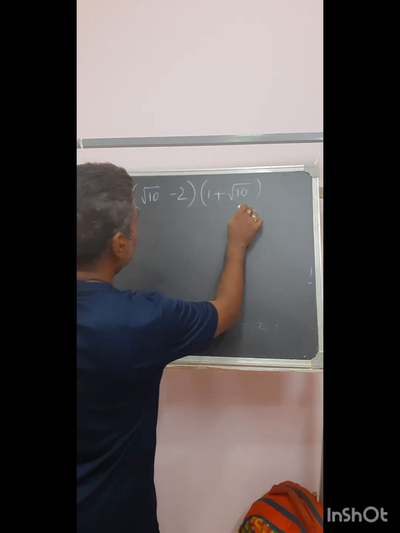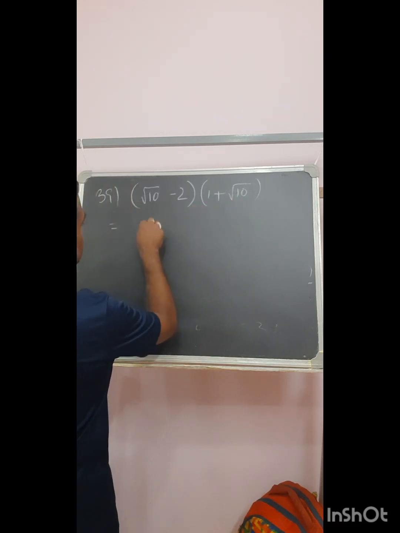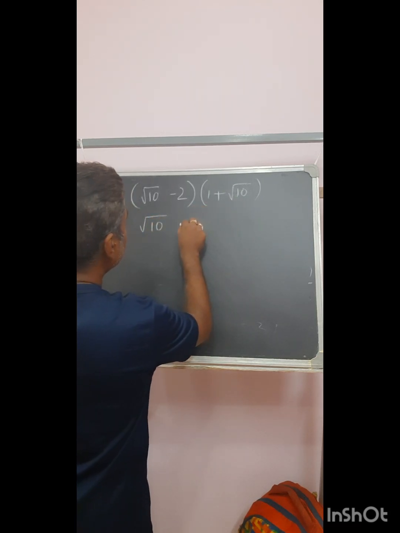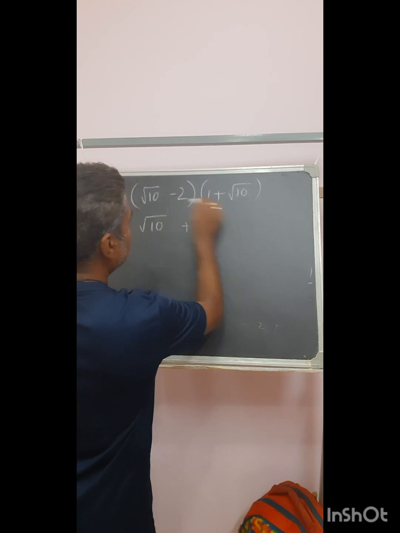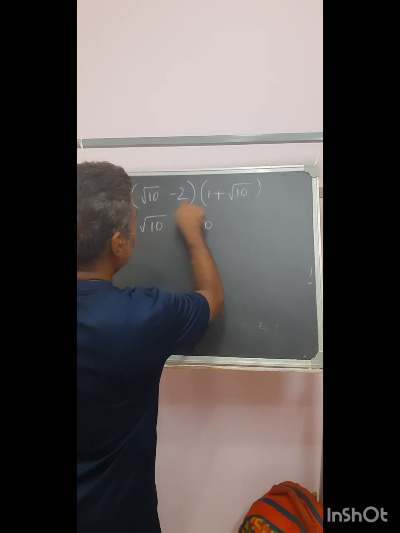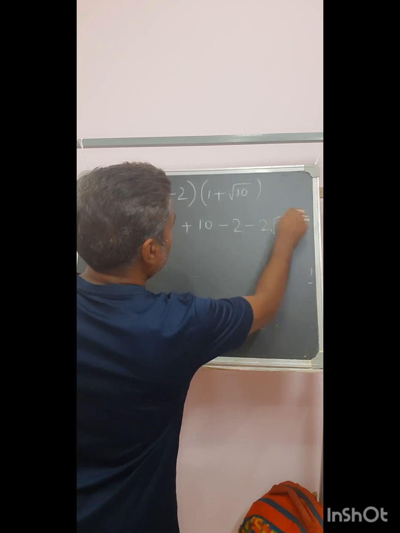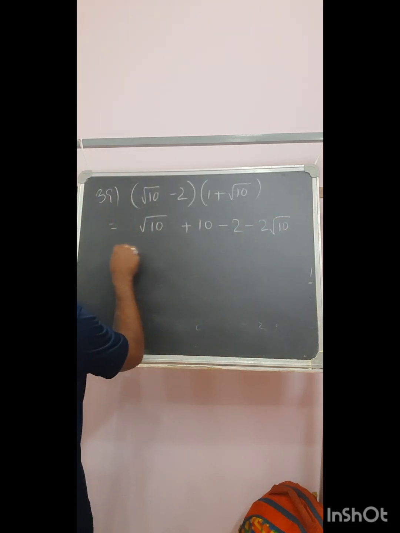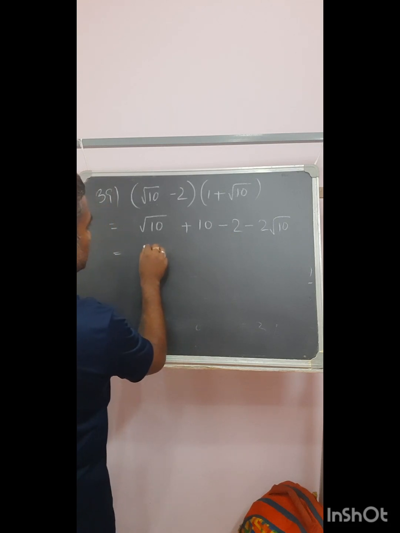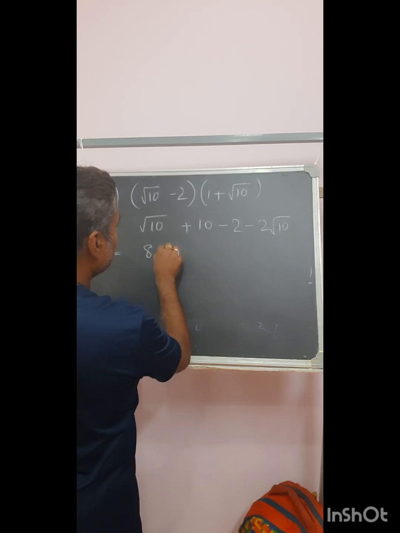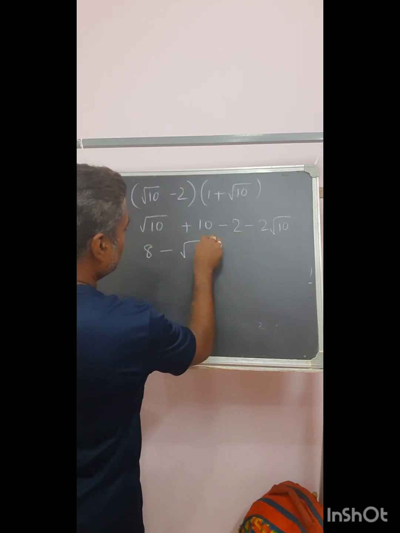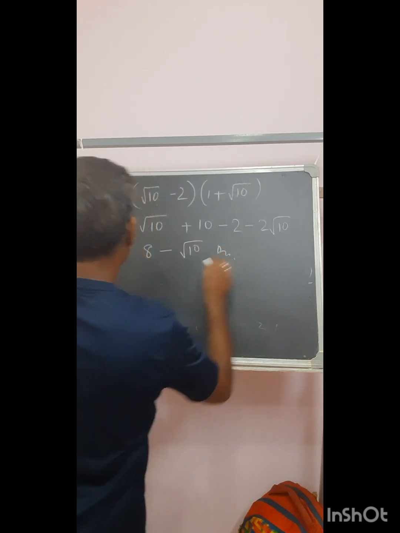You simply multiply this to get the answer. Root 10 plus 10, this will be multiplied, then 2 into 1, that will give 2, then minus 2 root 10. So if you calculate the integers, it will give you 8 and minus root 10. This will be your answer.